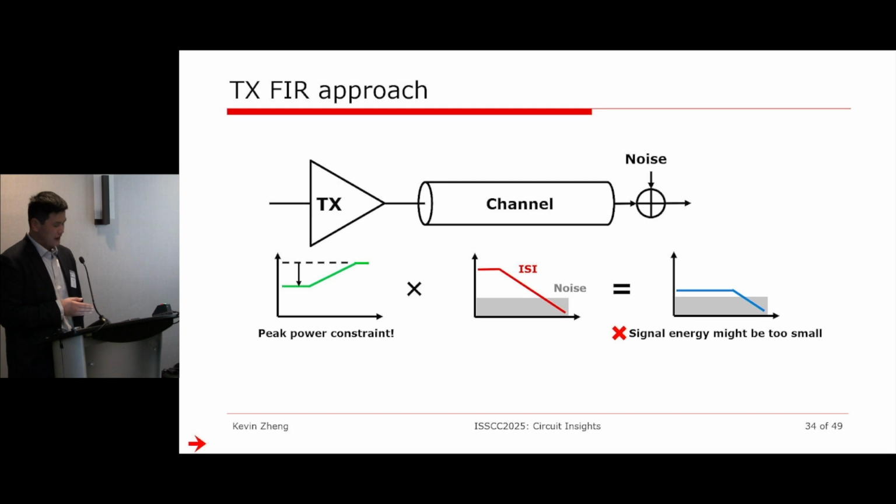If I look on the TX side, I know I have this peak power constraint. So if I want to equalize the channel, I will lower the DC gain. But the more I lower it, the final output on the other side of the circuit is going to get close to the noise floor. Once you get too close to it, you're limited by the noise. You cannot tell a difference between noise and the actual signal, right?